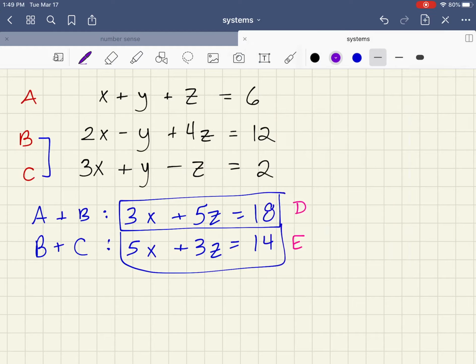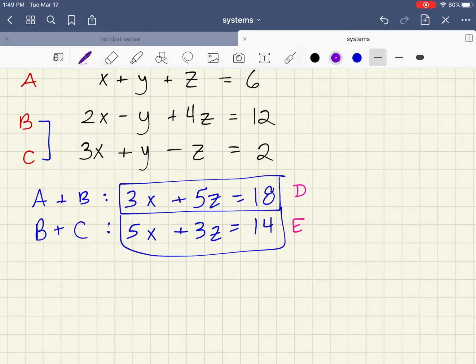Now, if I wanted to have some things cancel, I could do 5 times equation D and 3 times equation E and then subtract them, so let's see what that looks like. 5D would be 15x plus 25z equals 90, and then 3 times equation E. And maybe you can see why I'm labeling them all.